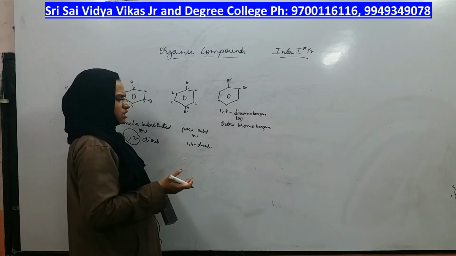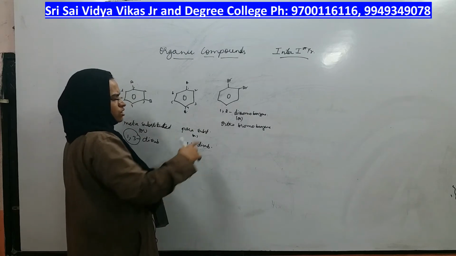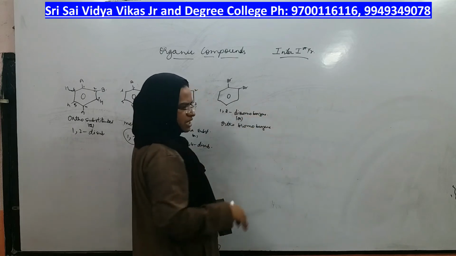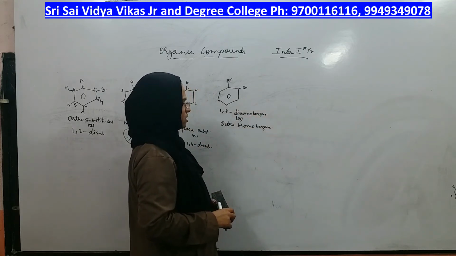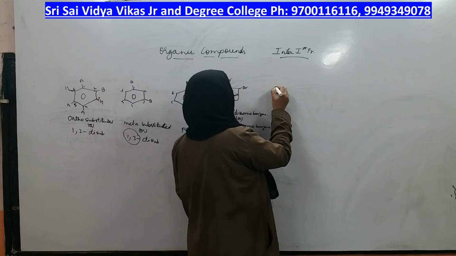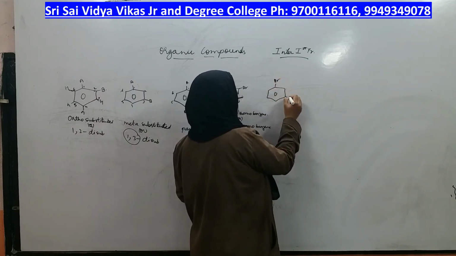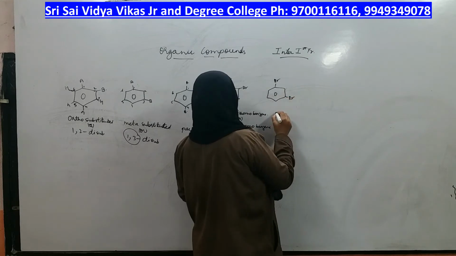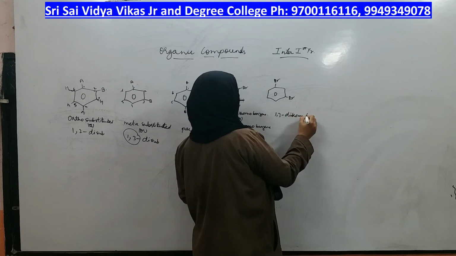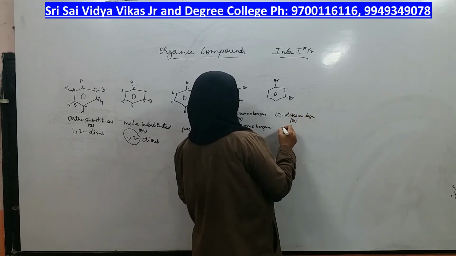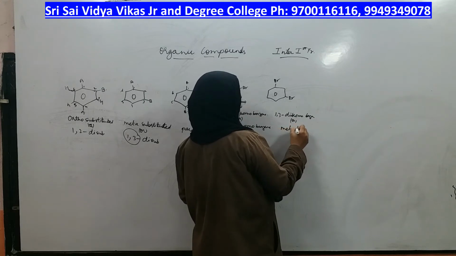If you are not using the terms ortho, meta, para, then only you have to give the correct numbering, which is 1, 2 dibromo. How many are present? It's important to mention, right? Same way, if I take two bromines meta to each other, its name changes to 1, 3 dibromobenzene, or it can be called metabromobenzene.